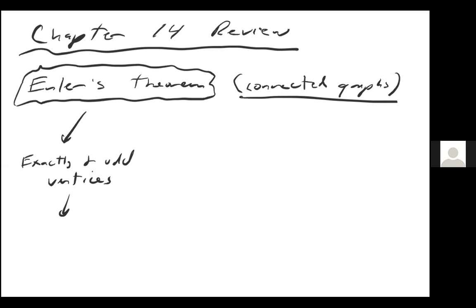You can pipe up, turn your volume on, or write it in the chat, whatever you want. What did Euler's theorem tell us if we have exactly two odd degree vertices? No one remembers? That means it has at least one Euler path and no Euler circuit.